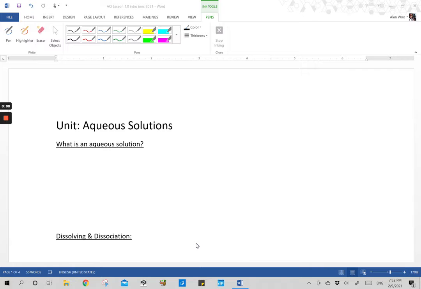What exactly is an aqueous solution? Well, aqueous solutions were first introduced to you in grade 11, and what it really means is creating a solution that contains solutes dissolved in water.